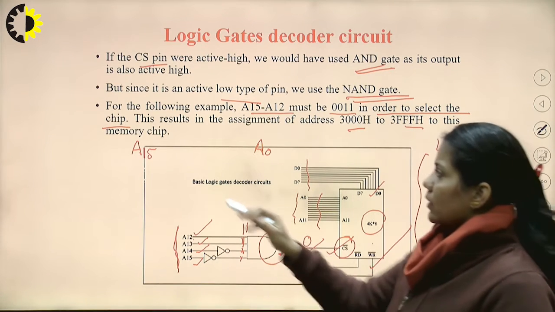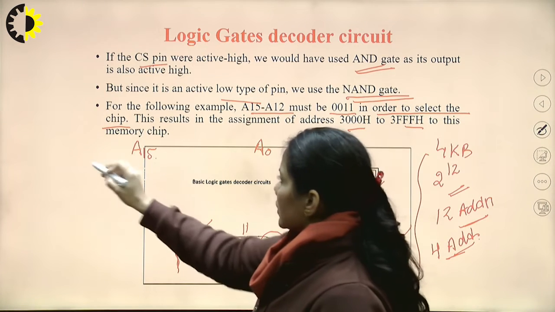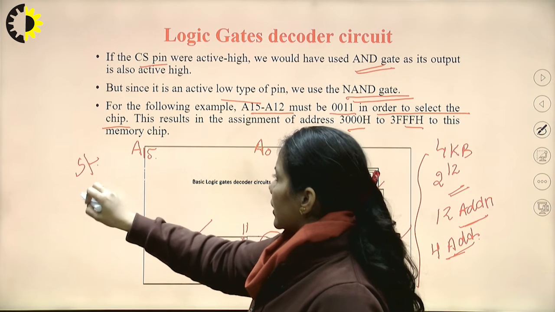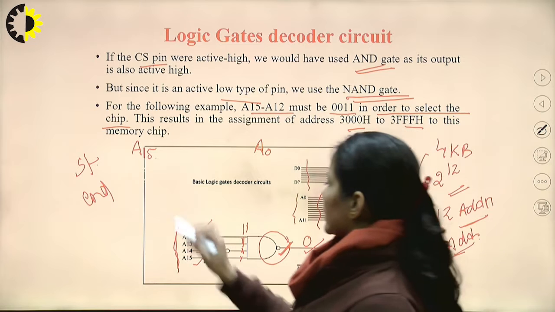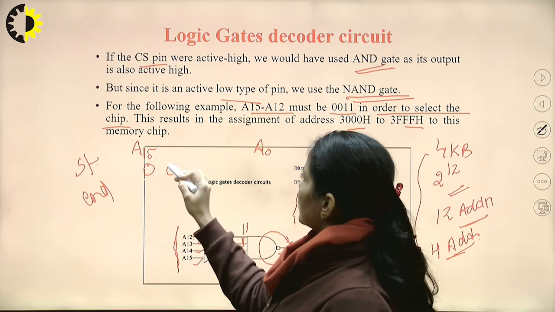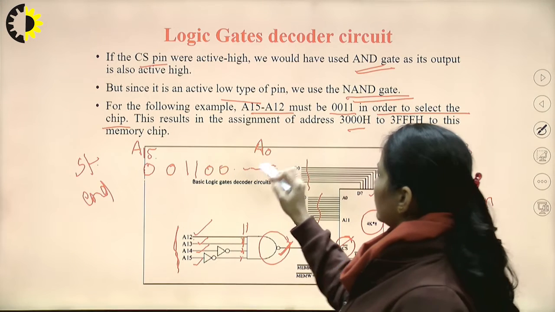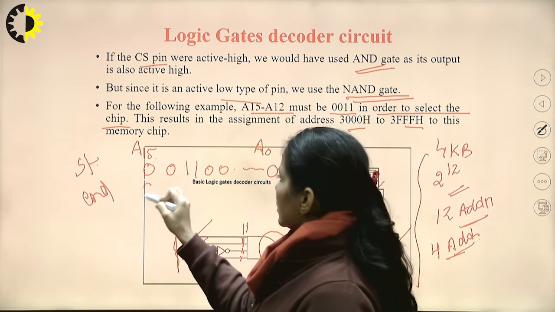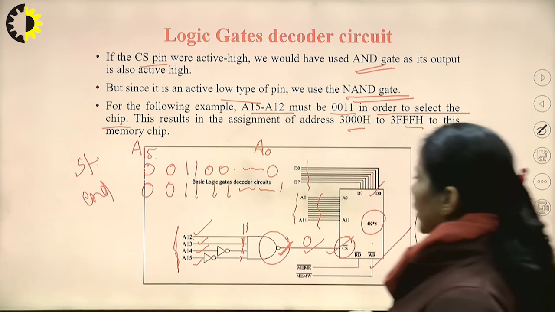So in this way, A15 to A0 we can write. We are talking about the starting address and the ending address. The starting address is 0, 0, 1, 1, 0, 0, 0, 0 up to A0. The ending address is 0, 0, 1, 1, 1, 1, 1, 1, 1, 1 up to A0.